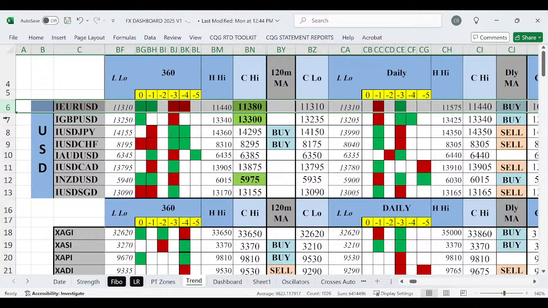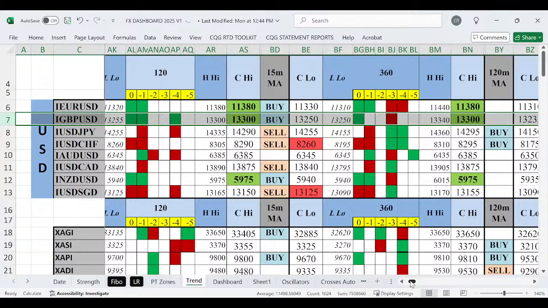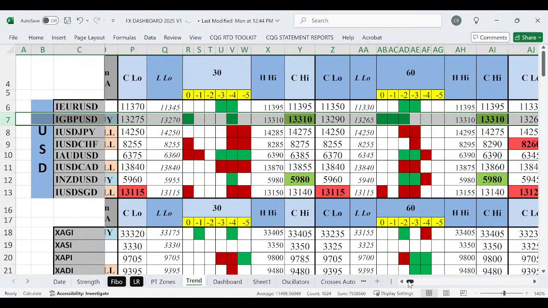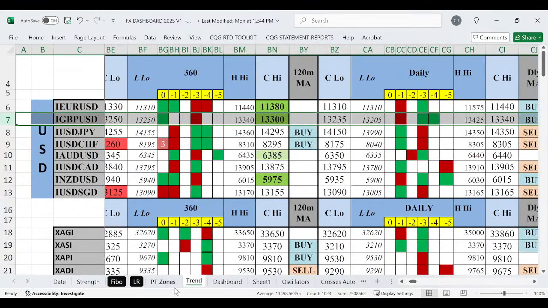The range is between, we are looking for 132.35 and 133.40. Okay, so here again we are seeing some strength, and I think we should be limited.